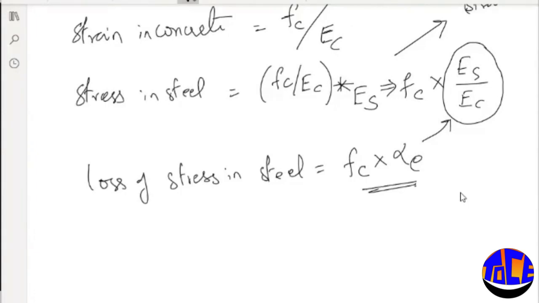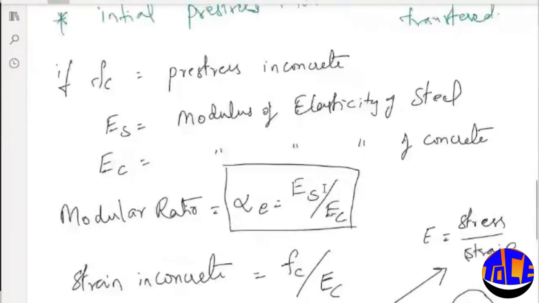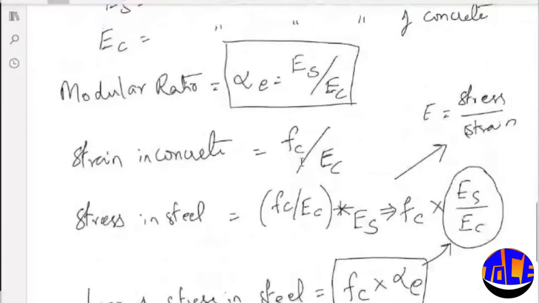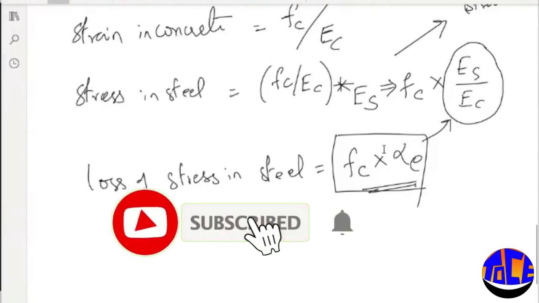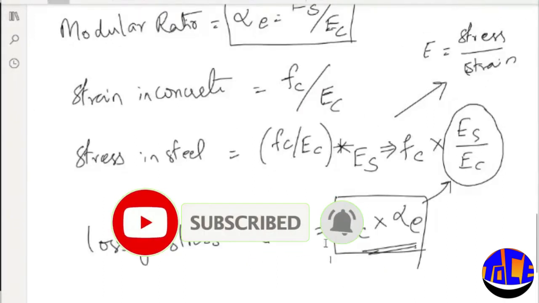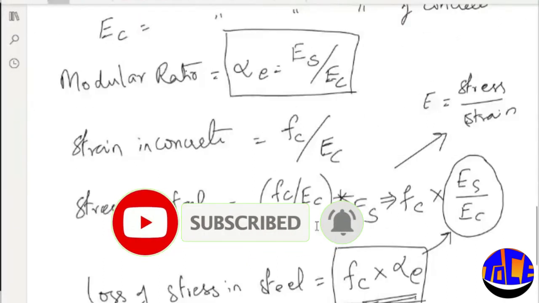Basically, you will use only this formula to calculate the loss due to elastic shortening. I told you all this just for your understanding, to show how this alpha E and this Fc came about. That's it. Okay, let us see one problem.